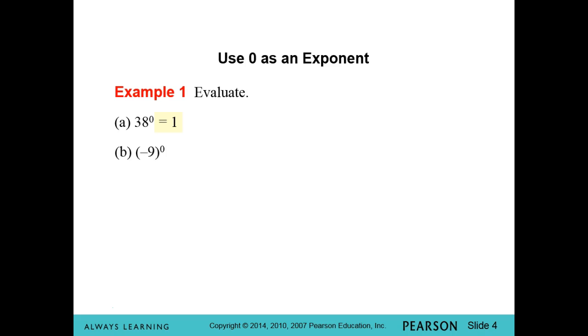Okay. How about negative 9 to the 0th power? Negative 1. Because you do your exponent first, please excuse my dear Aunt Sally. So 9 to the 0th power is 1.